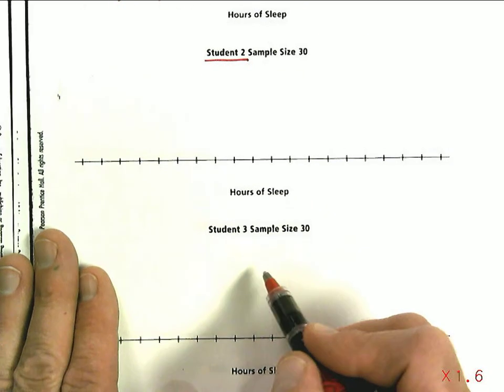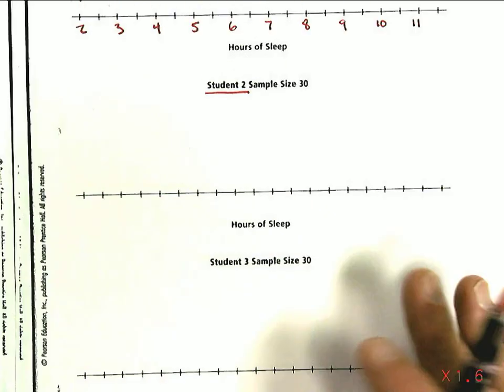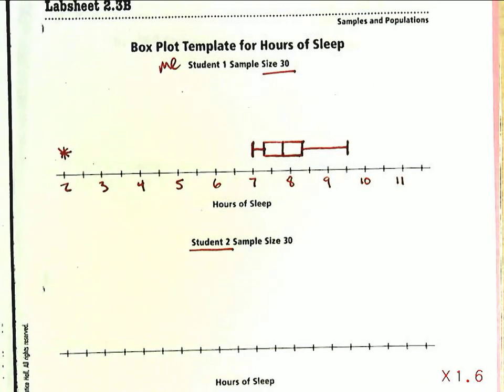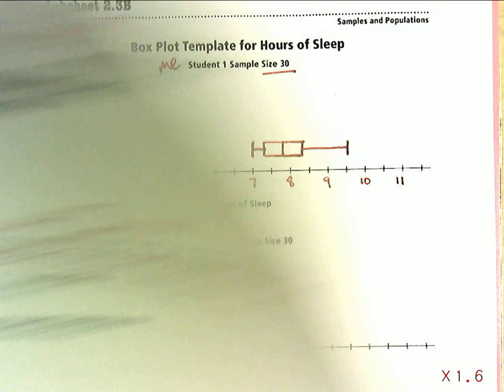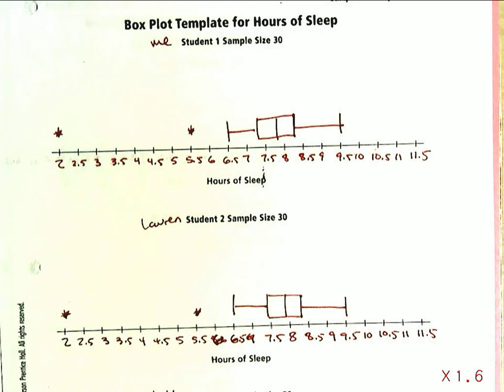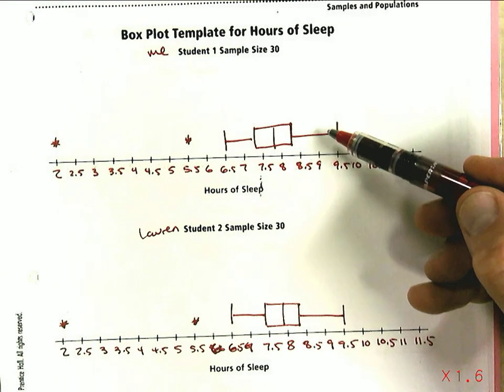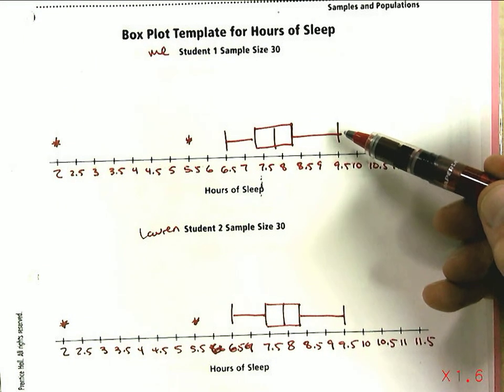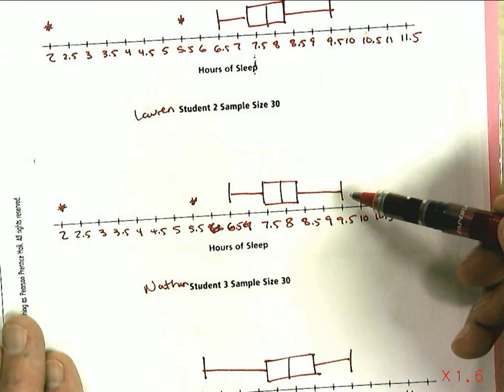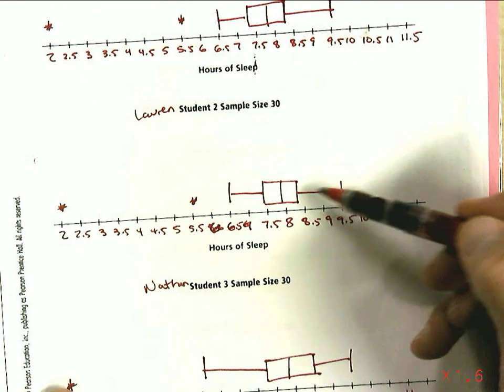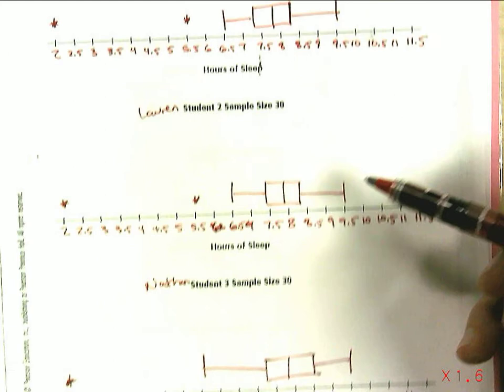So I want to find somebody else that did this. And then I want to find a third person that did this as well and copy their box and whisker plot. And I'm just going to show you what I found when I did this activity with some other students. So here was my box and whisker plot from another random sample I did. And then here was another student's, Lauren's, sample. This is what she found from a sample of 30.